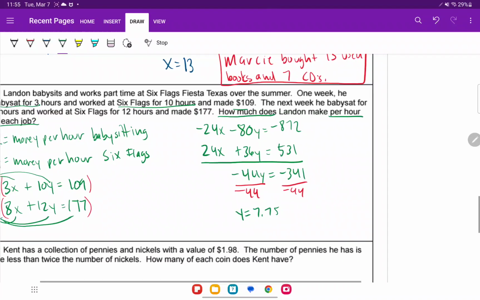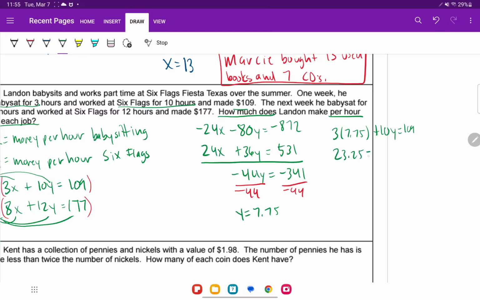Now we're going to take this and plug it back into one of the originals to figure out our x value. So we'll do 3x, so 3 times 7.75 plus 10y equals 109. 3 times 7.75 is going to be 23.25. Now we're going to go ahead and subtract that 23.25 to the other side.